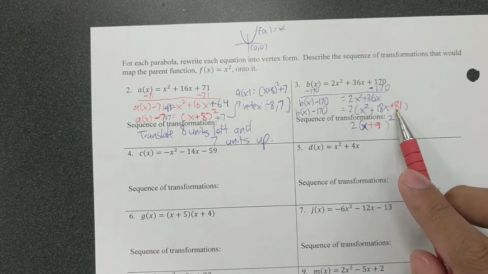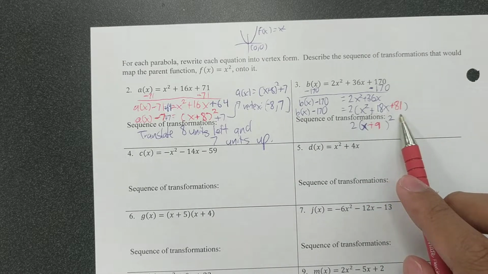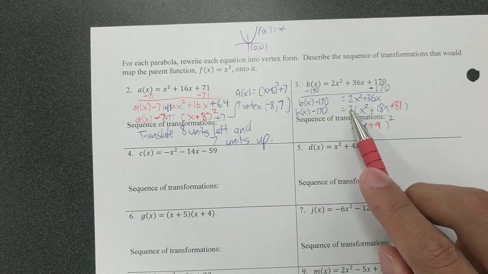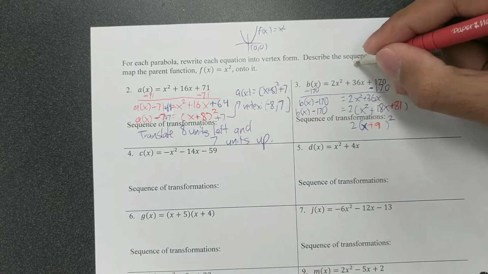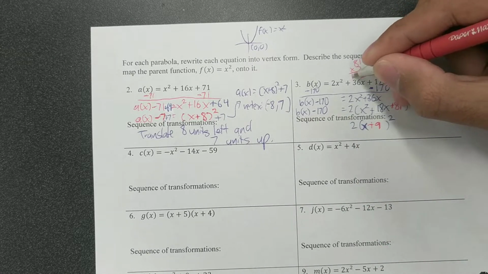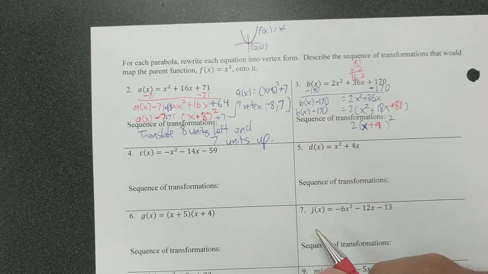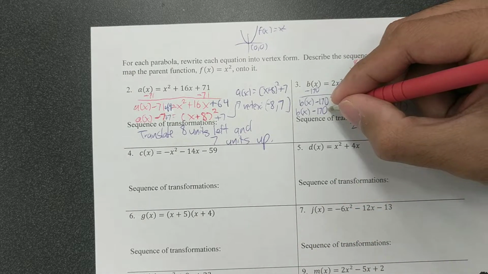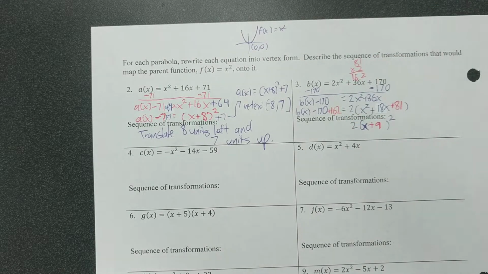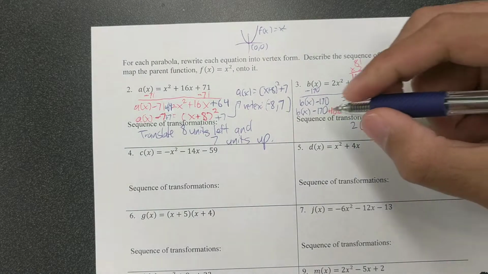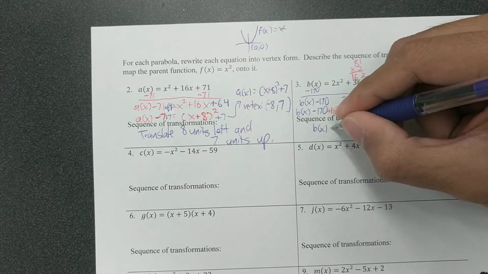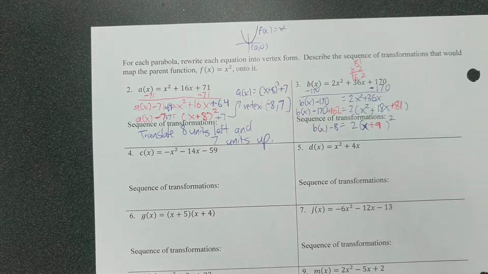Okay, so I added 81 in the parentheses on the right side, but this 81 is affected by the coefficient of 2. So 81 times 2 means I really added a total of 162. So I've got to add 162 to this side also. Okay, so that brings me to b of x minus 8 equals 2 times the quantity x plus 9 squared.